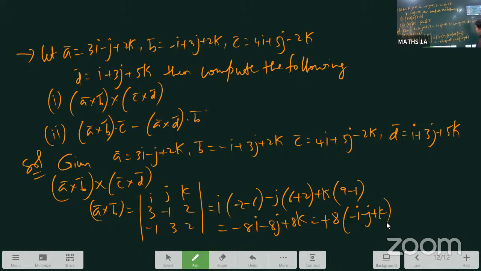Next, C bar and D bar are given. Now let us find C bar cross D bar. What vector am I going to get? i, j, k, 4, 5, minus 2, 1, 3, 5.